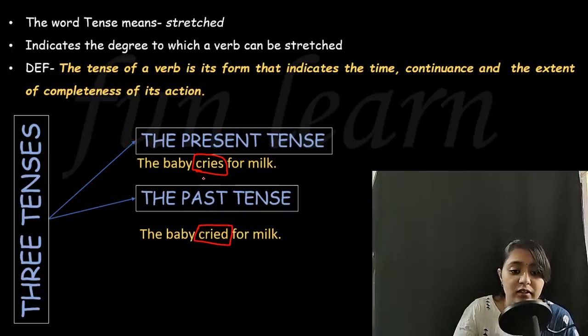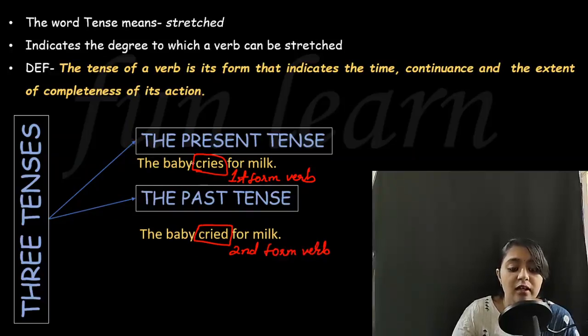So this is the first form of the verb and this is the second form of the verb. When we are using tenses, we have to see one very important thing: whenever we change the tense, we have to change the form of the verb also.